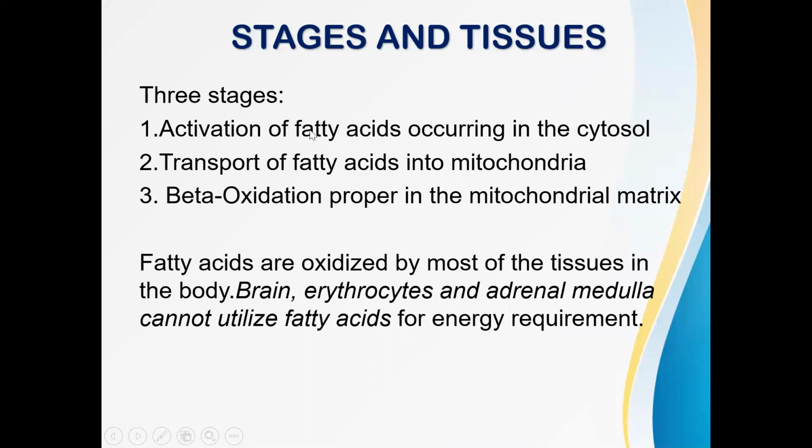So these are the three stages that occur in the beta oxidation of fatty acids. First, in the cytosol, the fatty acids need to be activated. Then the activated fatty acids get transported to mitochondria. In mitochondria, beta oxidation proper reactions will take place. This beta oxidation proper includes four reactions as I mentioned earlier.